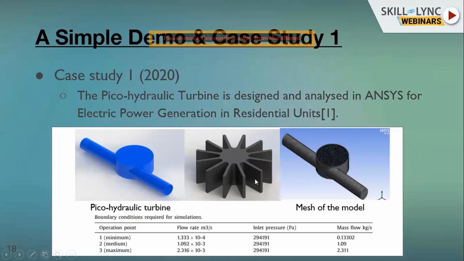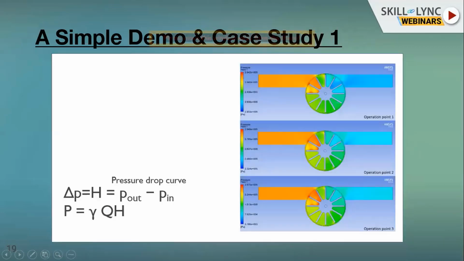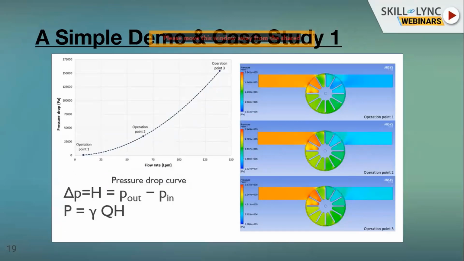This is designed in SolidWorks and imported to the ANSYS software. You can see the results, that is, both figure and graph show how the pressure changes through the turbine for each point of operation. Figure 4 shows the pressure plane through the turbine.